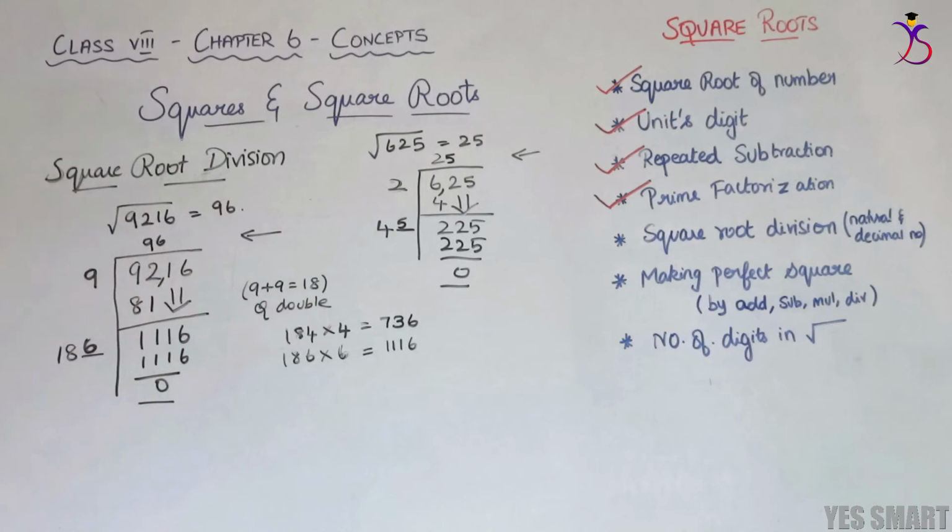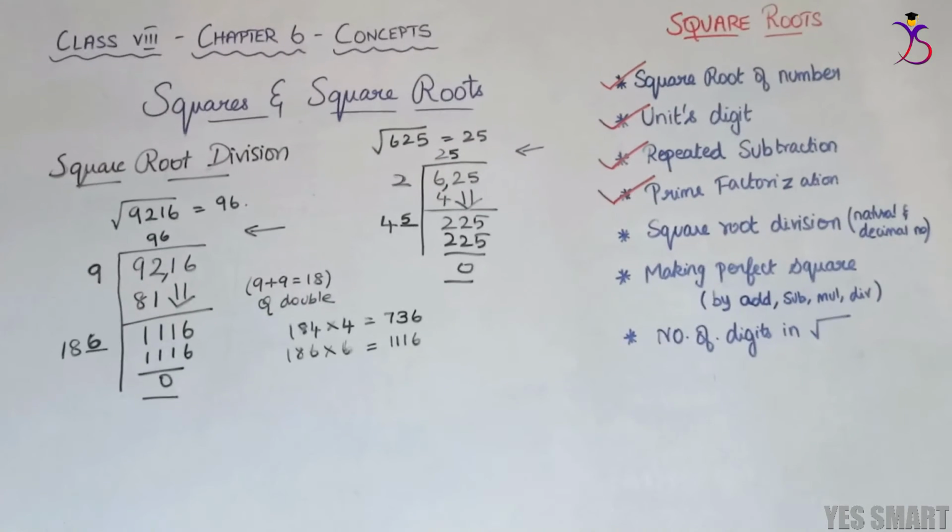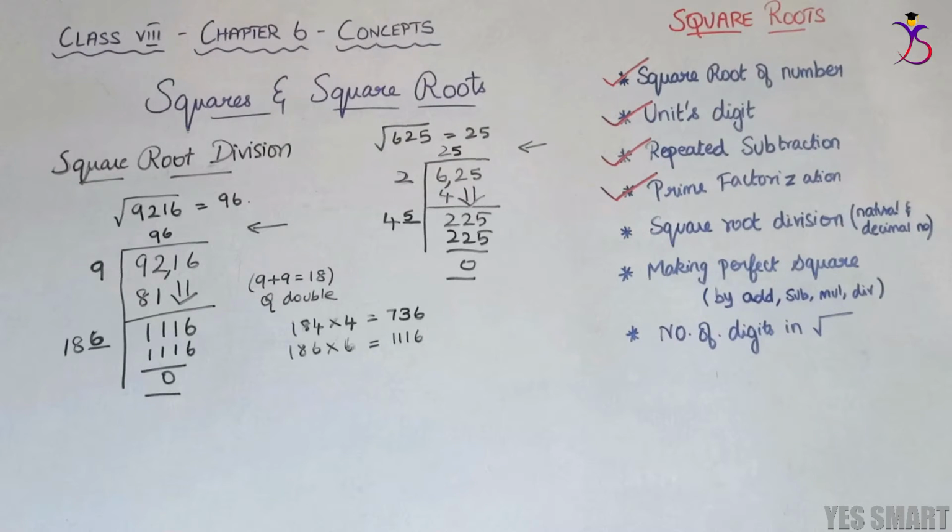The square root of any number ending with 6 will have the unit digit as 4 or 6. So I have tried with 184 as well as 186. Since 186 matches, we just went with 186. So this is about the square root division. This method is also very important because it is used to find the square root of a larger number.